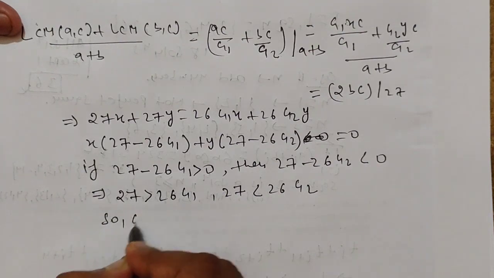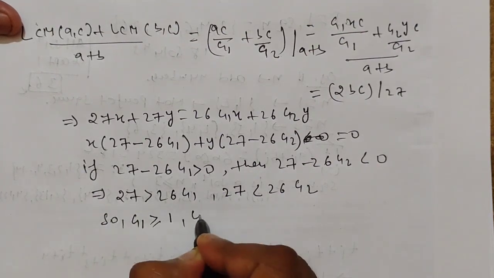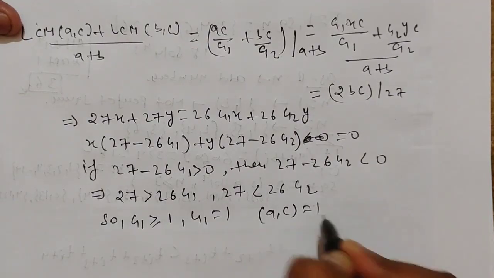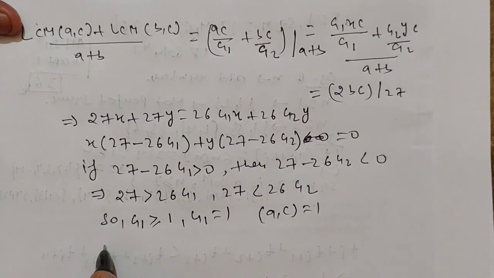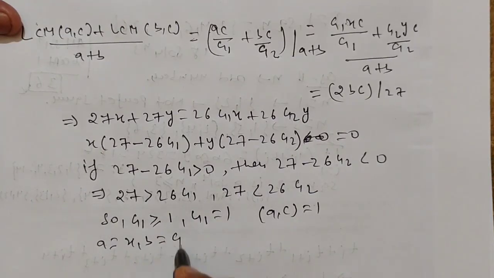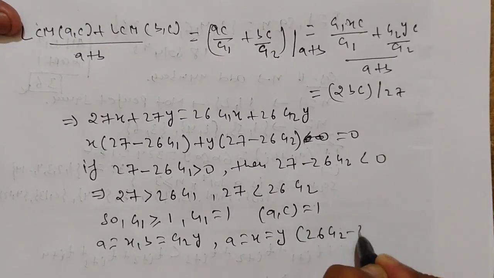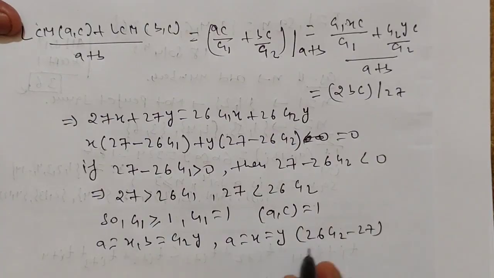So we have G1 greater than or equal to 1 and G1 is equal to 1, and here AC is equal to 1, and now we have A is equal to x, B is equal to G2y, then we have A is equal to x is equal to y, this is 26G2 - 27, and it is given that A is less than or equal to 50 in the problem.